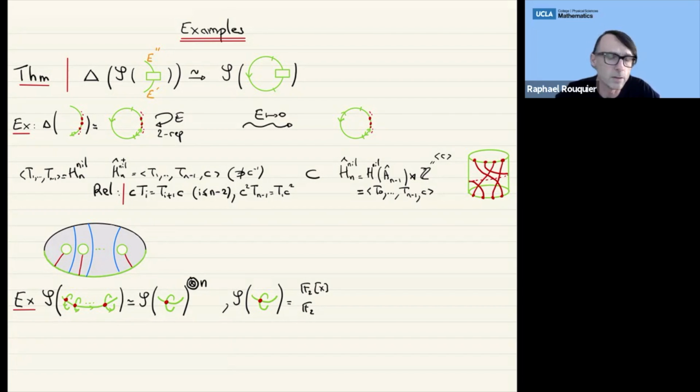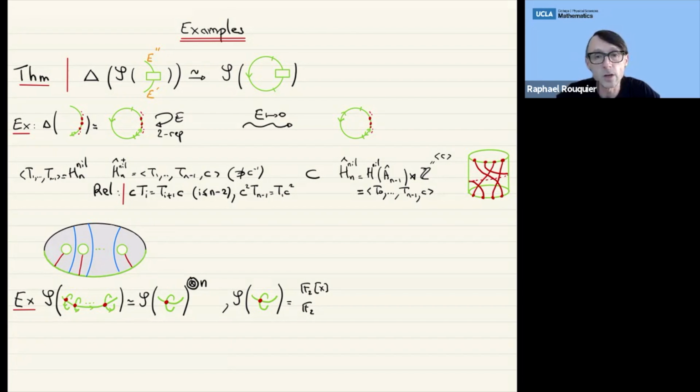So if we fix n red points, for the endomorphism ring we still have the old part, the nil Hecke algebra, T1 through T(n-1), and now we have a new generator C that corresponds to moving around the circle, or moving one up. C itself is not invertible. Something that goes around the circle, there's an orientation on the left side of the circle, so you can't go back. This is a subalgebra of a bigger algebra where you take the circle totally unoriented.